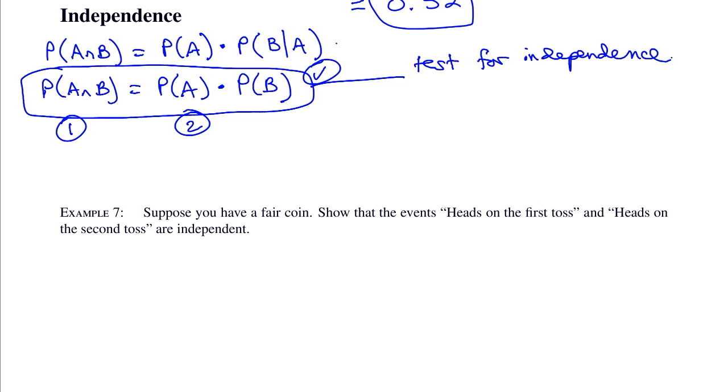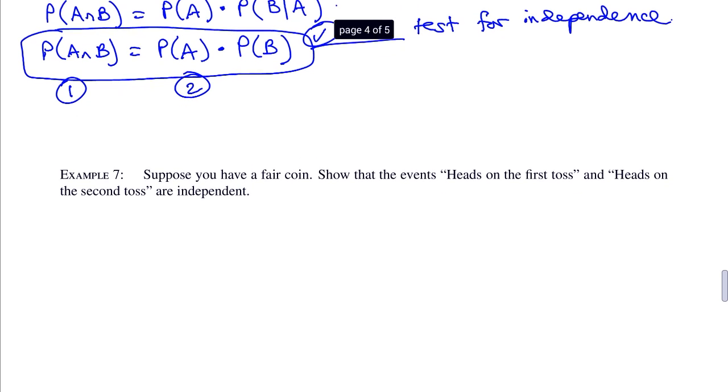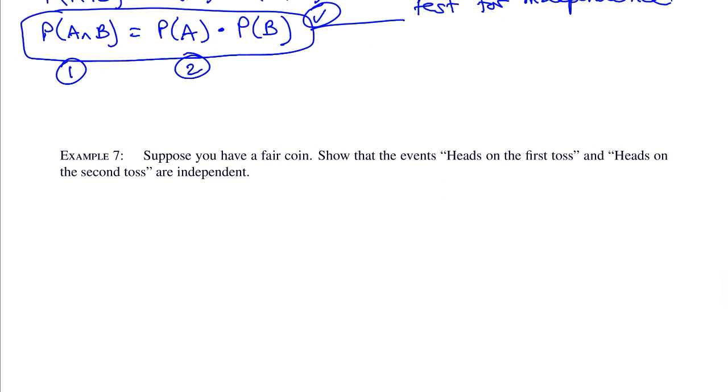Let's look at example 7. Example 7 says, suppose you have a fair coin, so we're back to 50-50 here. Show that the events heads on the first toss and heads on the second toss are independent. So I'm going to create two events. We're flipping the coin twice.